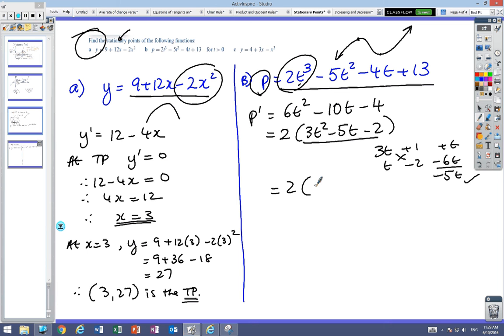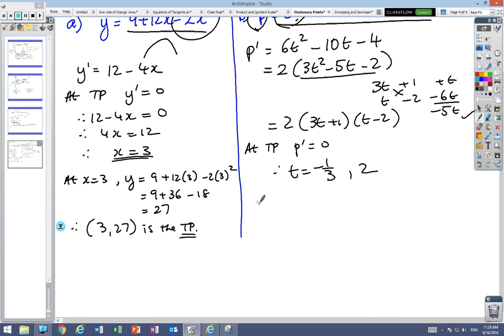So I've got (t minus 2)(3t plus 1). At turning points p dash equals 0, and so our values are not p equals, it's t equals. So t equals minus 1/3 and positive 2. Okay, so there's a bit of maths to do.